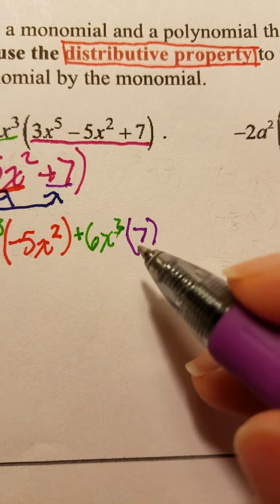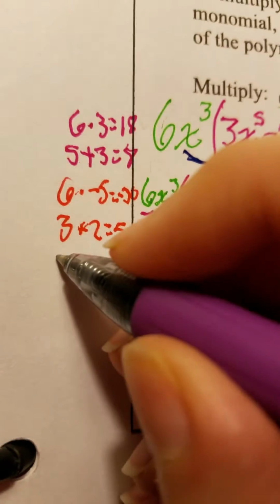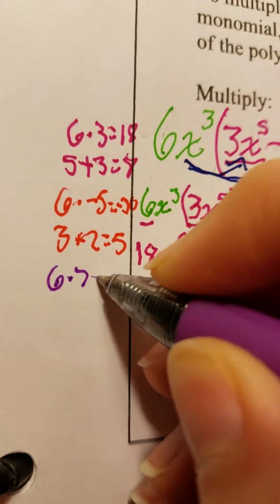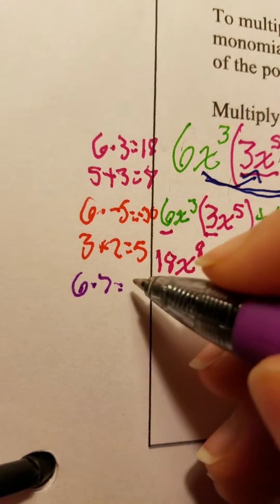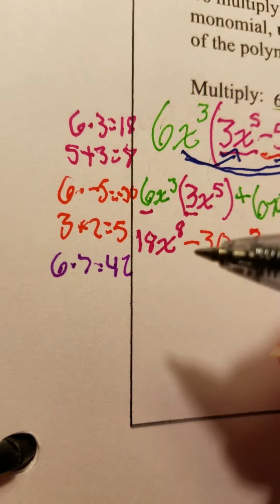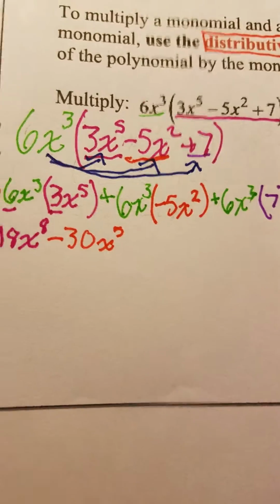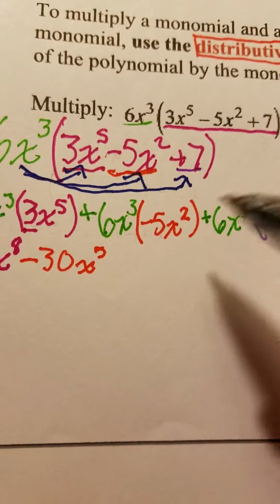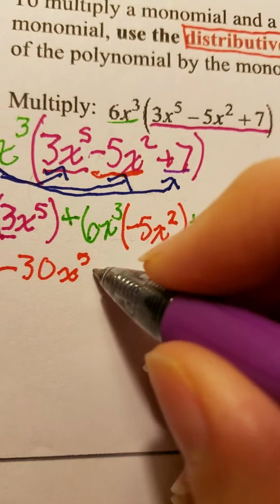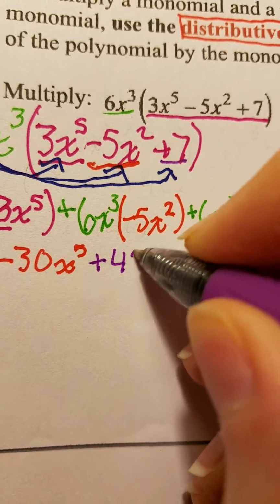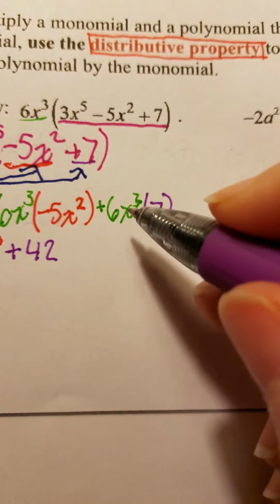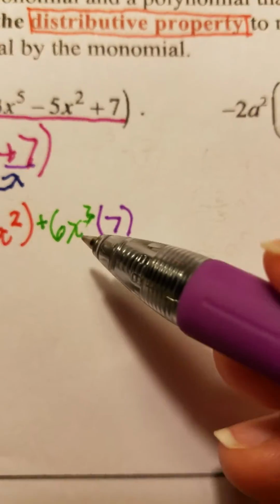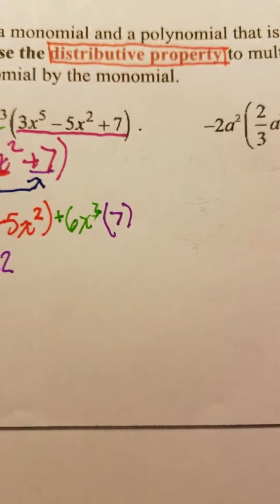Okay, well, what is 6 times 7? 6 times 7 equals 42. So then you go over here and you write down positive 42. You take down your x. Okay, look here. What is x to the third times 1?